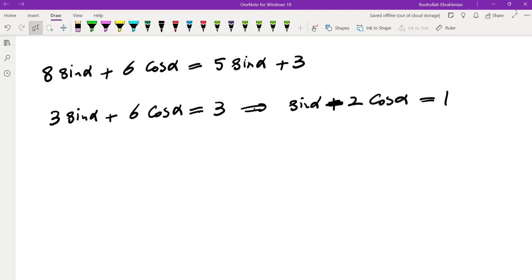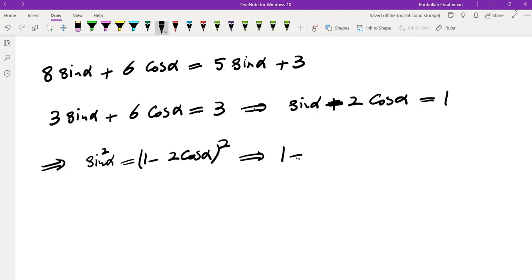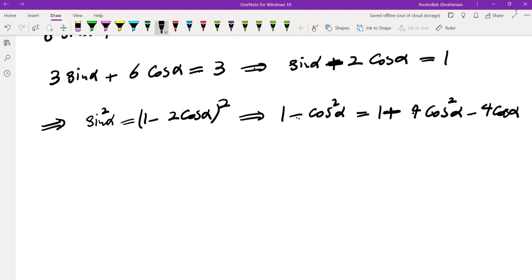Now we can solve this for, let's say, cosine of alpha and see what we get. So sine of alpha equals 1 minus 2 cosine of alpha, and we're going to square that so that we can write everything in terms of cosine. So we get 1 minus cosine squared of alpha is equal to 1 plus 4 cosine squared alpha minus 4 cosine of alpha.